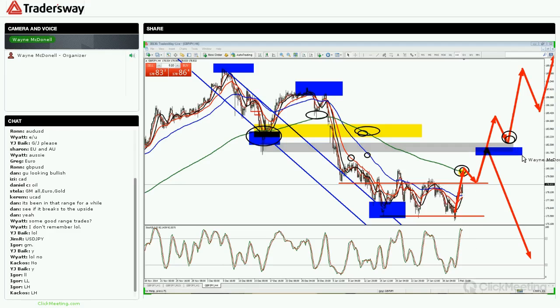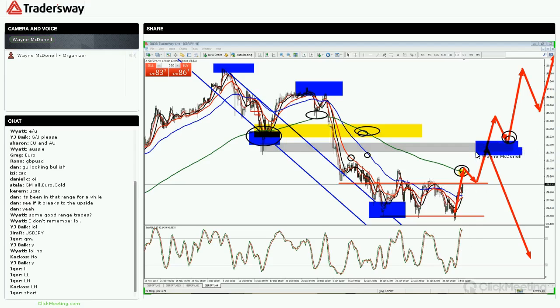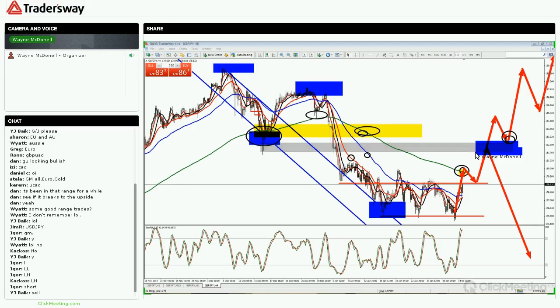What do you think a bear would do on a daily chart? Do you think they would buy it there? We know an amateur would buy it, right? Oh, well, I waited for 22 candles in a row and then I bought at resistance. That's what amateurs do, right? Slow as molasses on a cold Georgia morning.